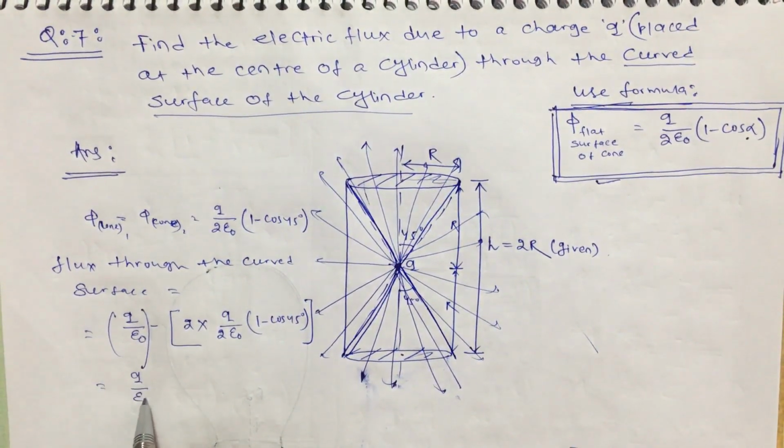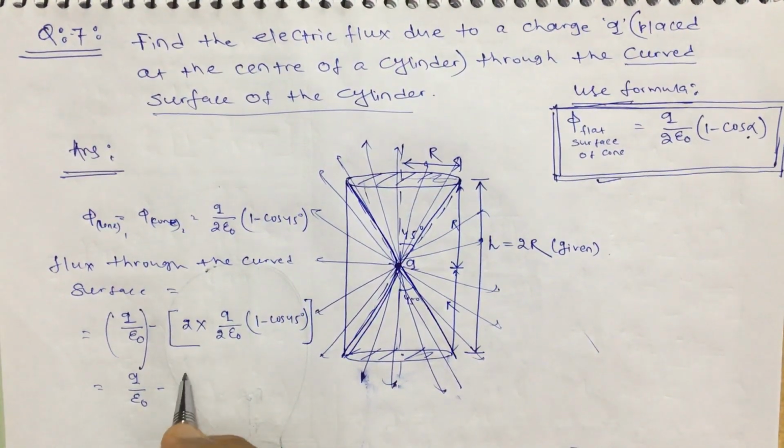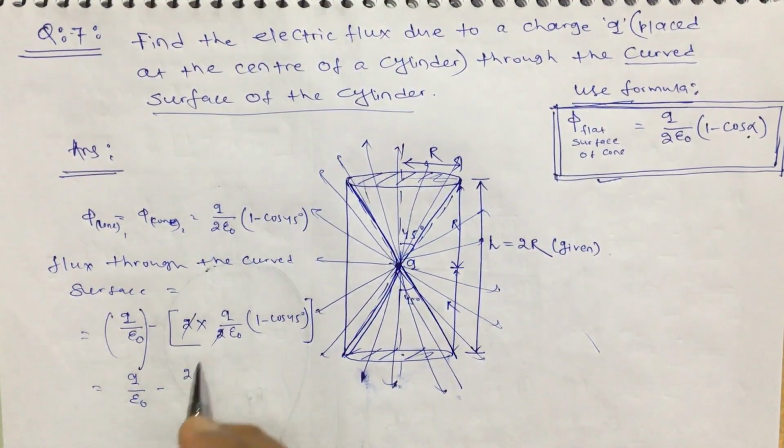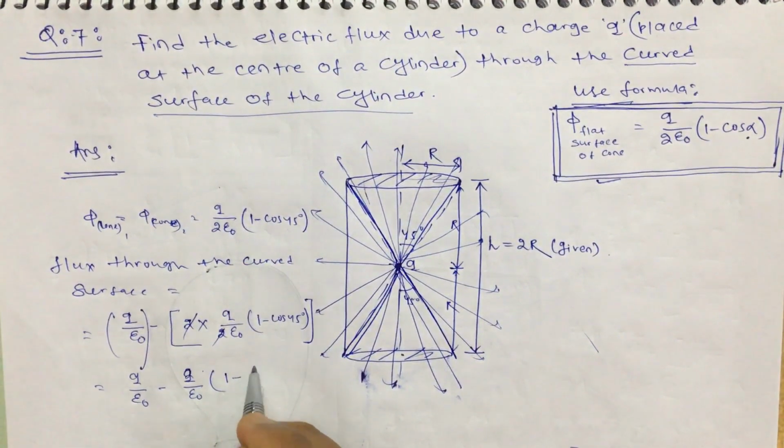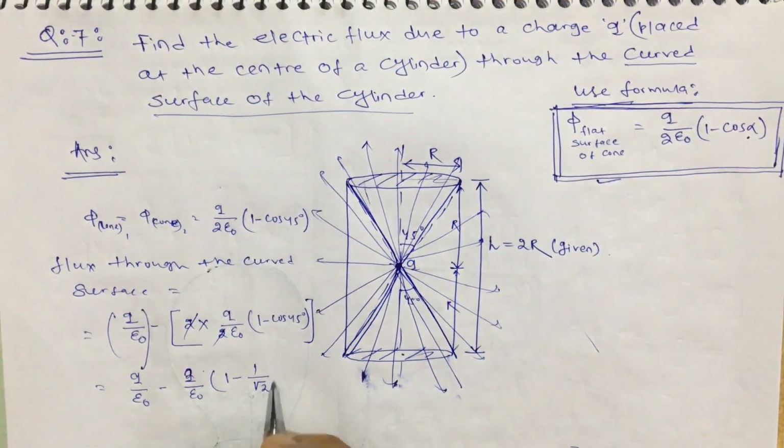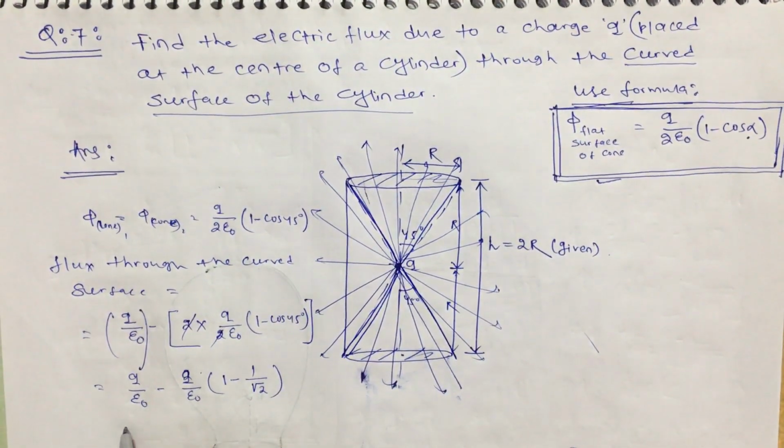Now it will be Q by epsilon naught minus, here the 2 and 2 cancel out, this is Q by epsilon naught whole into 1 minus 1 by root 2, since cos 45 is 1 by root 2.